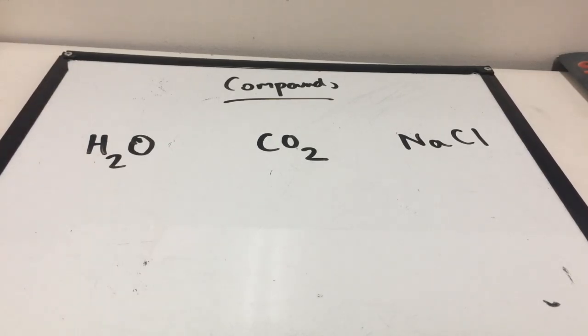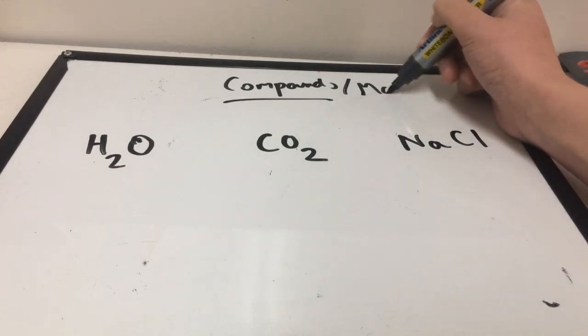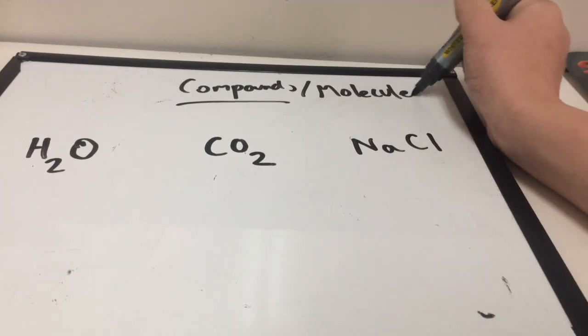So these are some compounds I have here. I'm assuming you're all familiar with the periodic table, states of matter, that sort of stuff. The periodic table has elements here. Compounds, or molecules, is another word for them.